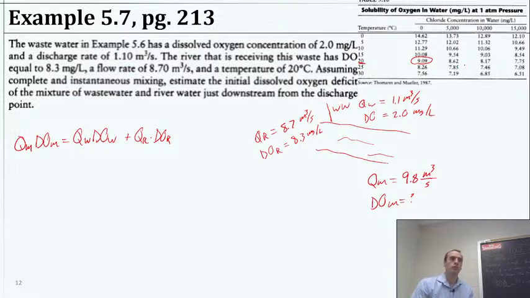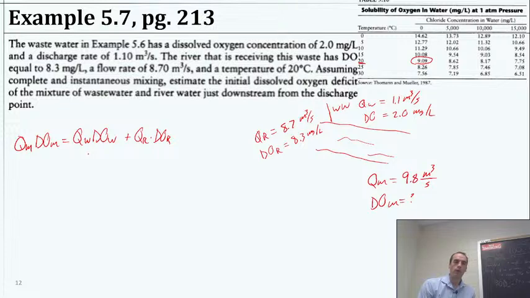Turns out oxygen solubility does depend on some things other than temperature, like the amount of chloride you have. So maybe there was some information on that in the previous problem. I don't remember, so I'm just going to say no chloride. We'll assume no chloride. And so we can use this value here, 9.09 as our saturation value.